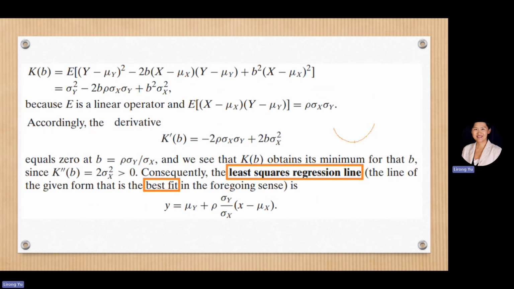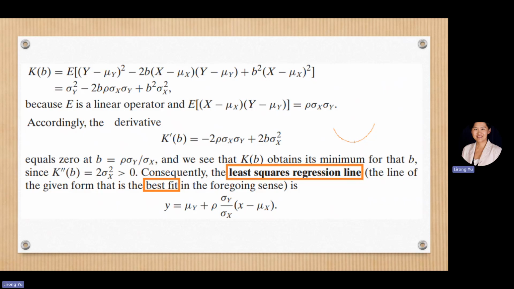This line is called least square because we wish to have the minimum possible square deviation. All right, so we got the formula for b. For the least square line, b equals the correlation times the standard deviation of y divided by the standard deviation of x. y is the dependent variable, x is the independent variable.